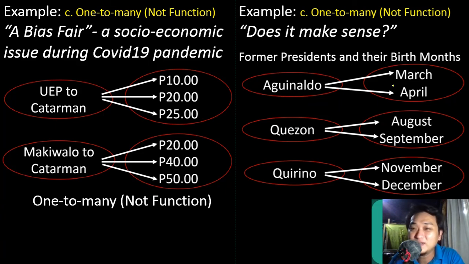Kaya pagka dinalawa natin yung birth month niya, the data doesn't make sense na. At isa to sa mga good example ng hindi function. Parang it doesn't function. Parang ganun po. Okay?